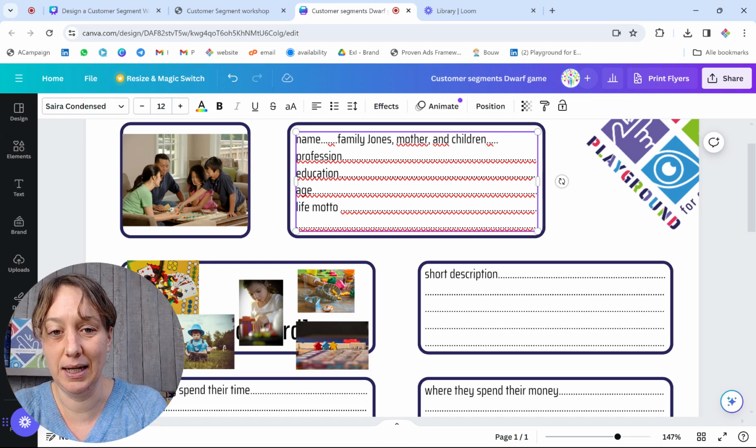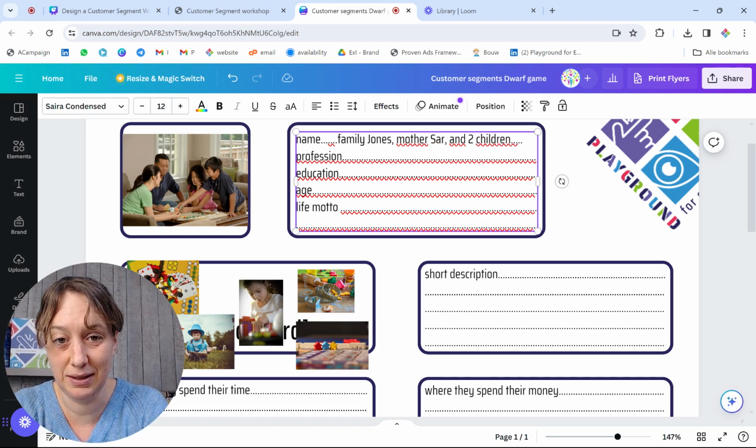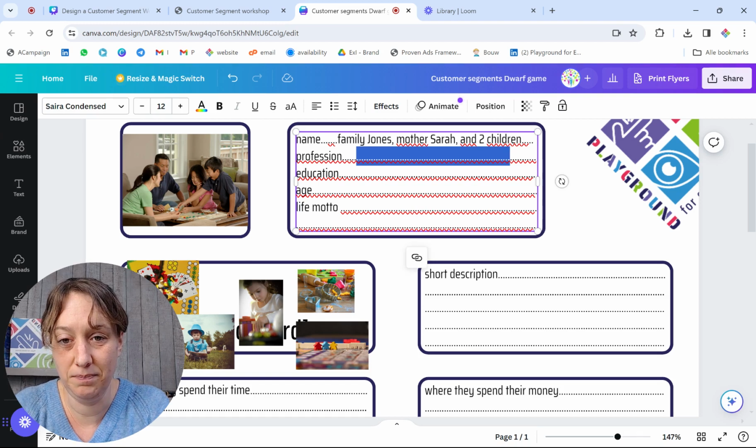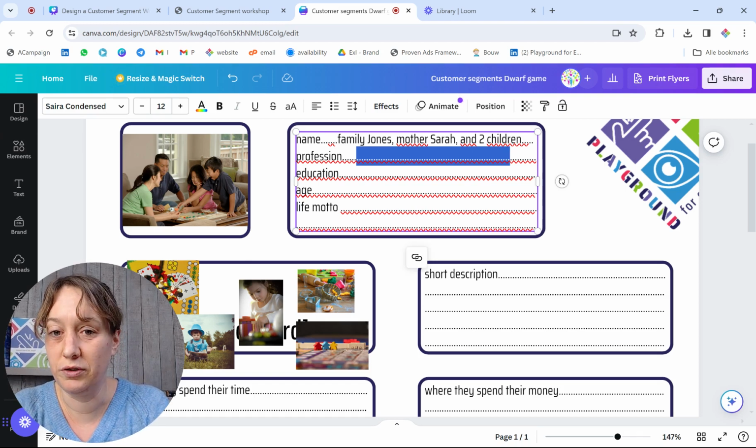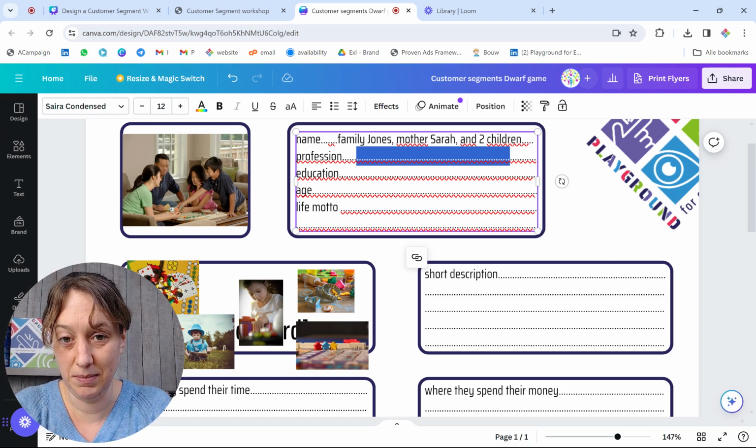So let's say they have 2 children. We could give them names actually. So the mother would be called, let's say, Sarah, and 2 children. So Sarah is quite an educated person. She works as an educator.